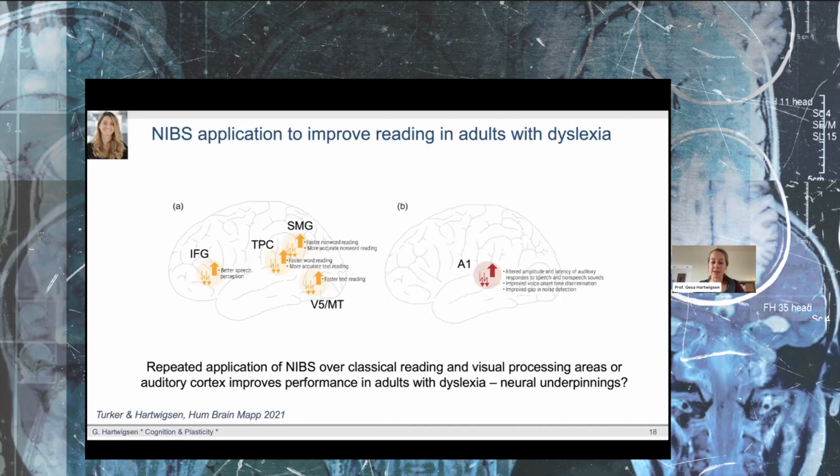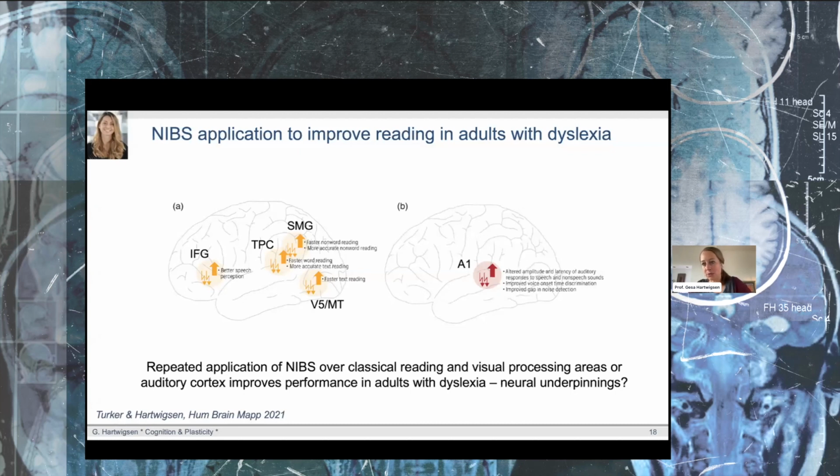These studies target classical reading areas, sometimes areas for visual processing, and one study targeted the auditory cortex. Some of these studies report significant improvements after NIBS application over one of these key areas.